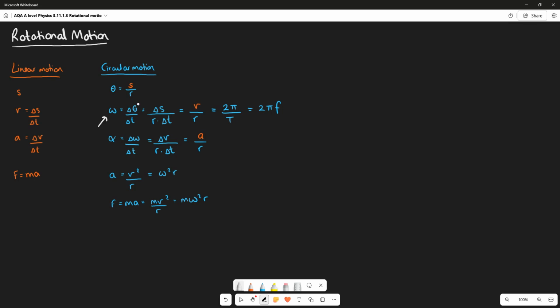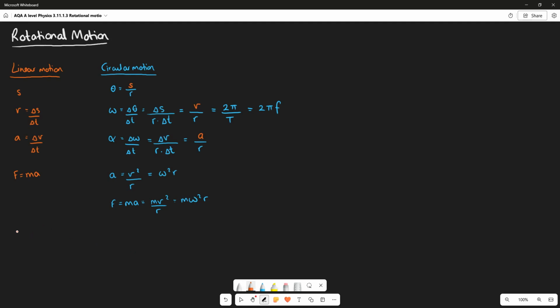Angular velocity is the rate of change of angular displacement, and angular acceleration is the rate of change of angular velocity. Rotational motion can be thought of as linear motion around a fixed point, and there are many analogies linking the two together.